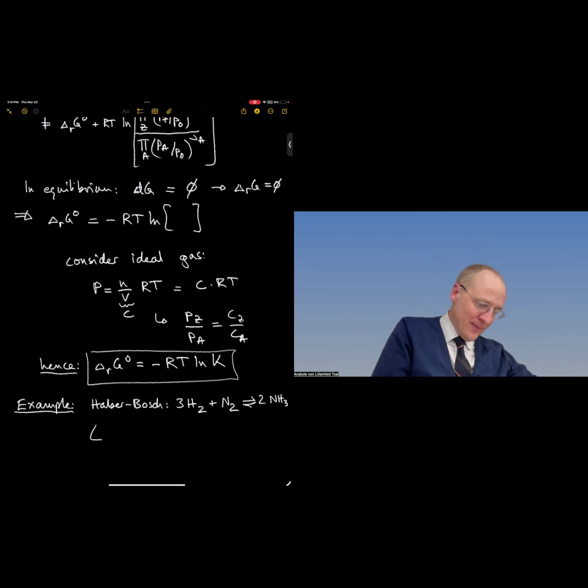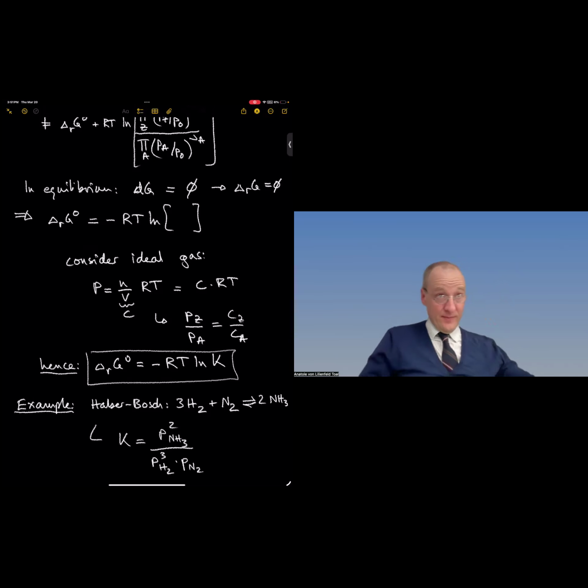And it's obvious why that's a tough one, because your partial pressure gets squared here, and you have in the denominator a cube times the pressure. So the individual gases are vastly reduced, right? The number of them, the stoichiometric factors.